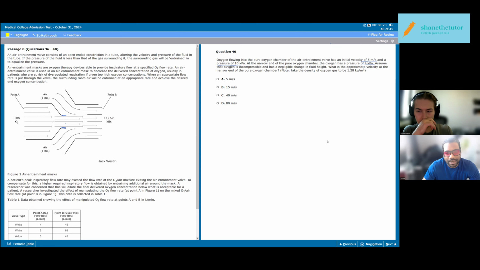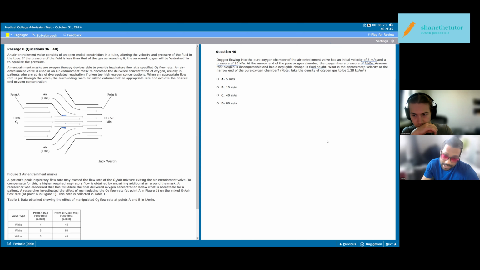And then assume that oxygen is incompressible and has a negligible change in fluid height, also indicating Bernoulli. What is the approximate velocity at the narrow end of the pure oxygen chamber?